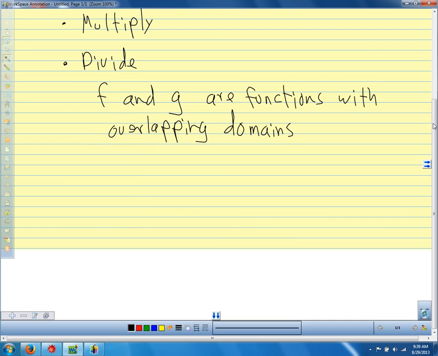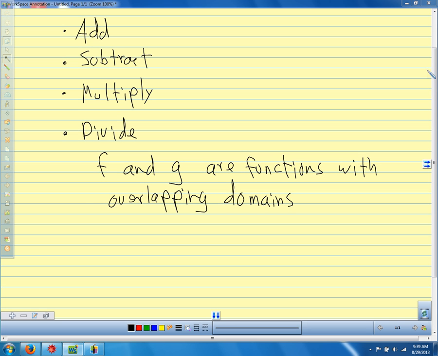So to add, the notation that you'll see often is f plus g of x is just f of x plus g of x. And we know how to add functions together.